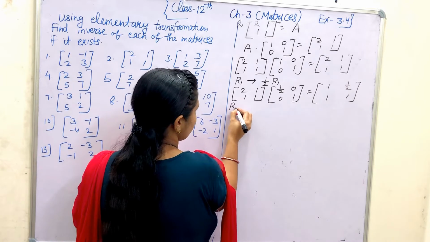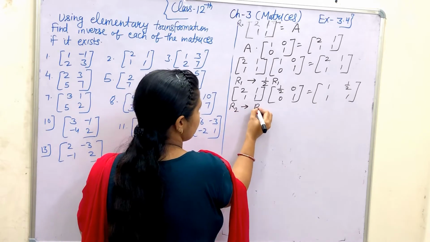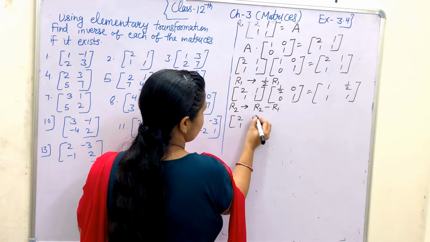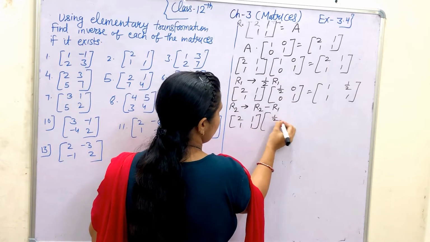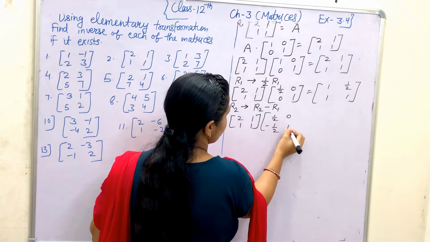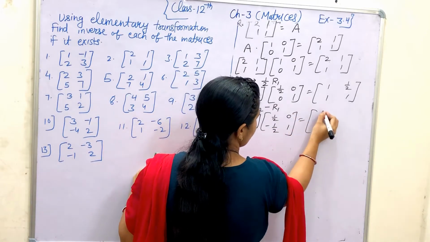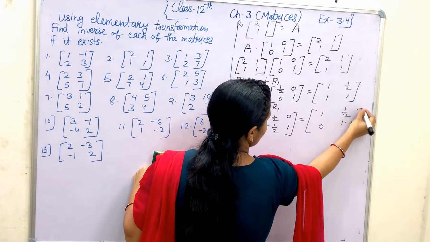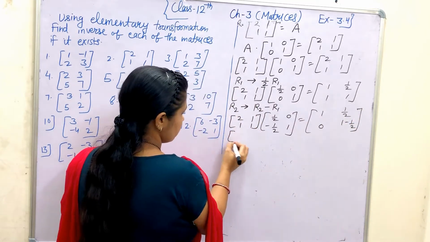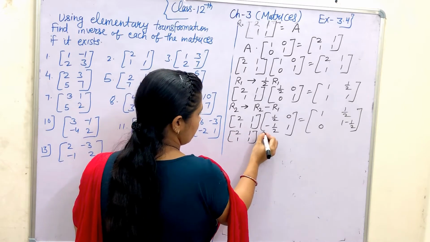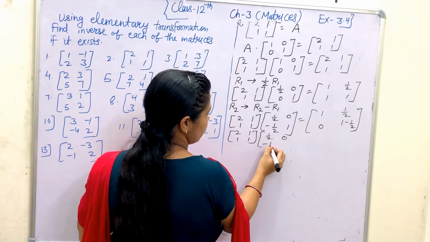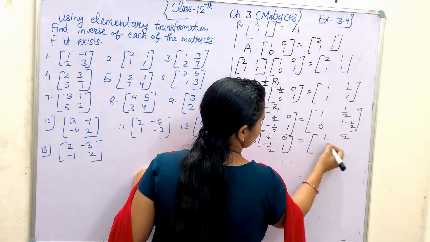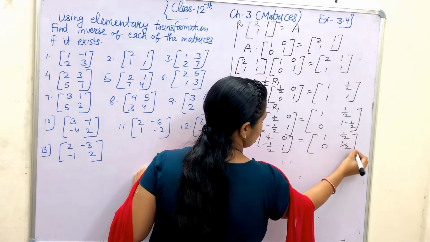Now we get R2 by subtracting R1 from R2: 1, 1 by 2, 0, and 1 minus 1 by 2, giving 1, 1 by 2, 0, 1 by 2.